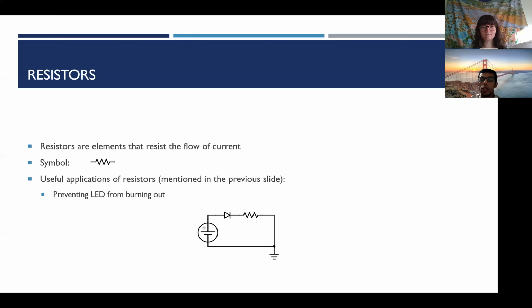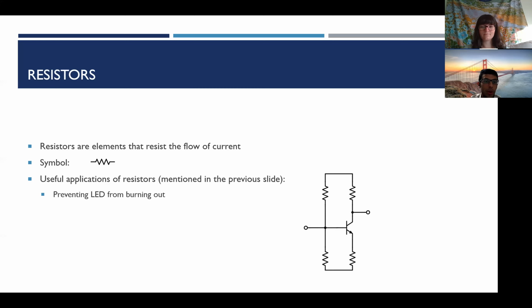If the fluctuation causes the voltage to rise, it's going to burn the LED out. If the voltage drops, it's going to turn the LED off. But having a resistor here reduces the amount of change in current, essentially. If there's a fluctuation, the current through the LED doesn't change that much. It continues to glow roughly constantly. So that's an important application of resistors.